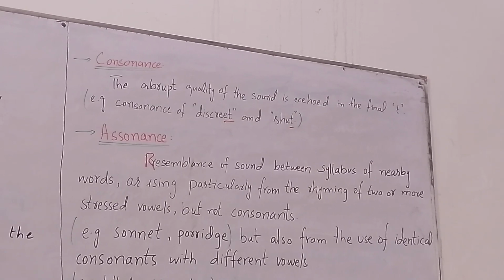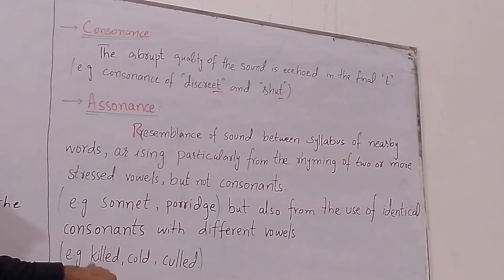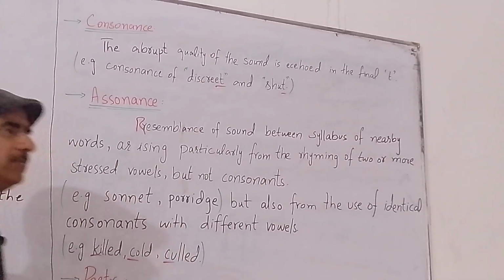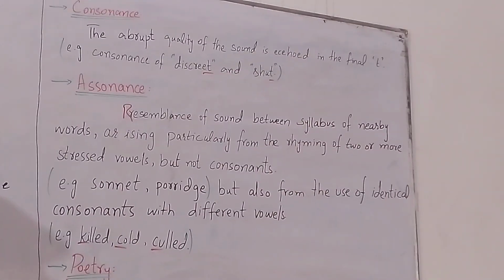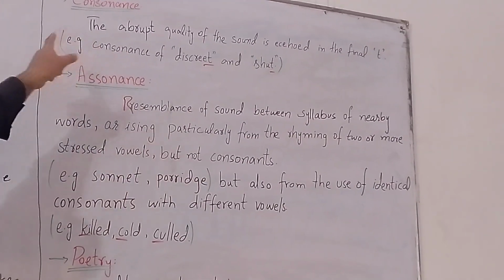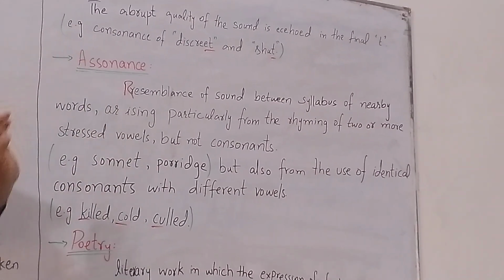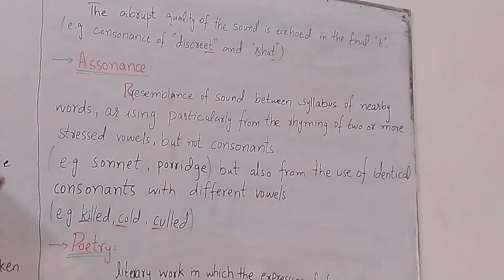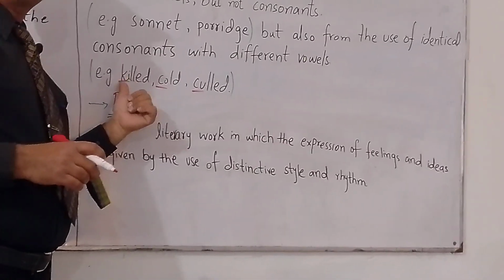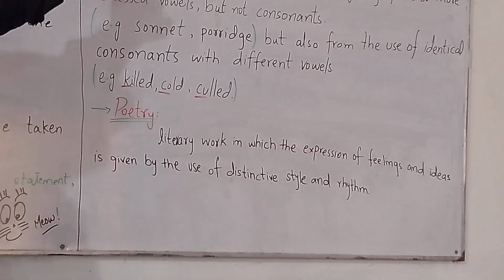For example, if consonant sounds are repeating in the beginning, kid, cold, fire. Clear? If consonant sounds are repeating in the end, that is called consonance. If consonant sounds are repeating in the beginning of the words, it is called alliteration.